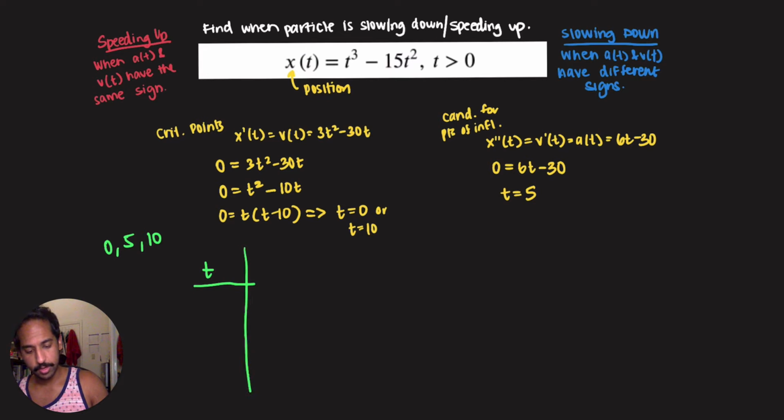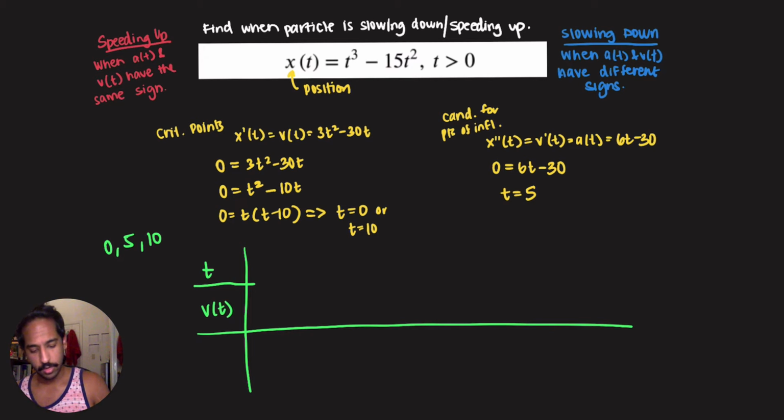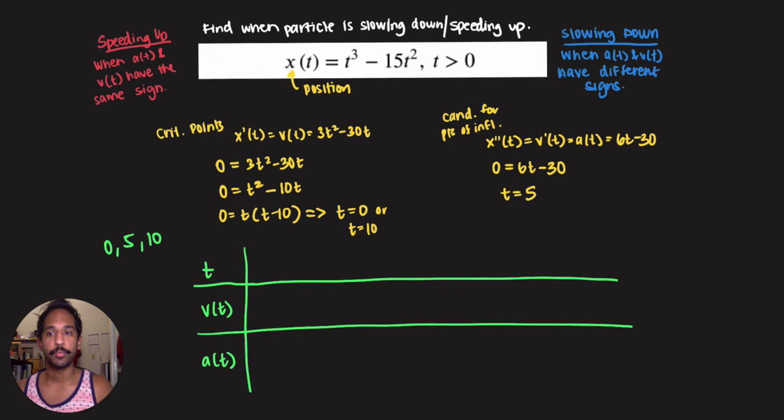There's t. And what we care about are the signs of our velocity and our acceleration. One thing that's important to keep in mind is where the domain is. A lot of times, we might just write negative infinity for our first value. But here I see that t is greater than 0, so we always want to start at 0, and we go to the next value, which is 5.